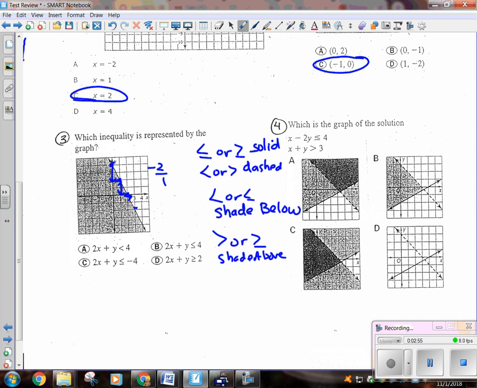Down 2 over 1 would give me a slope, or an m value, of -2. So if I touch at +4, and now I'm looking at here, I'm shaded below that point. So if I'm shaded below that point, that's less than. That is a solid line, so it's less than or equal to.